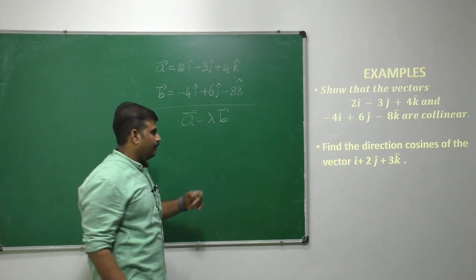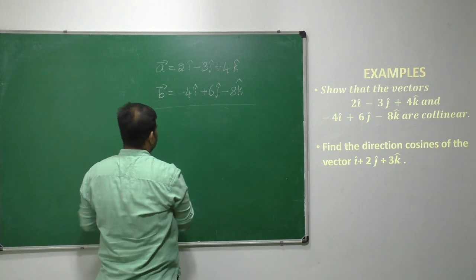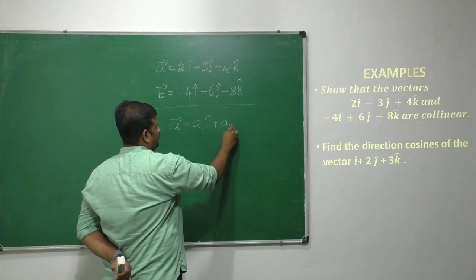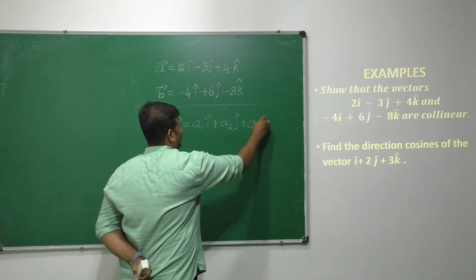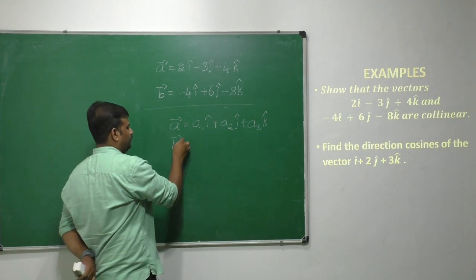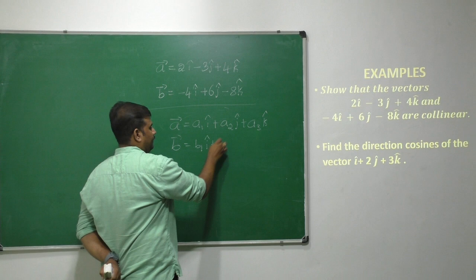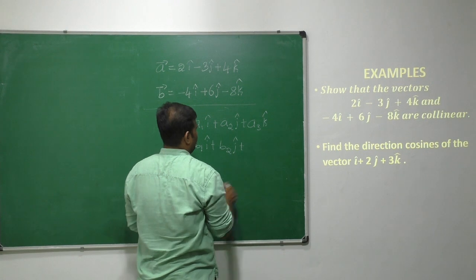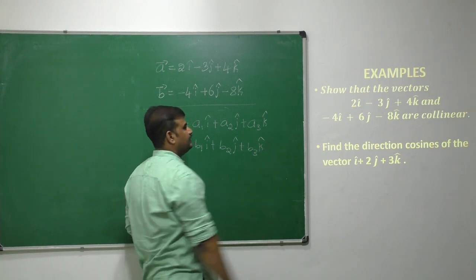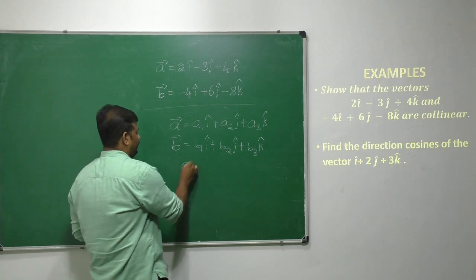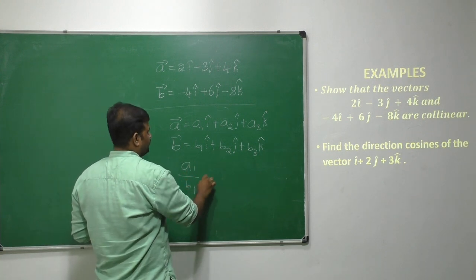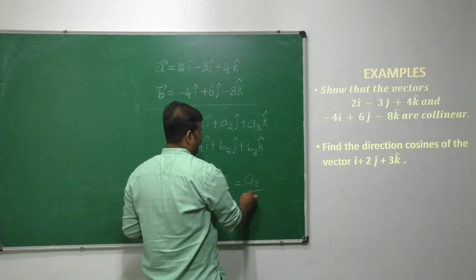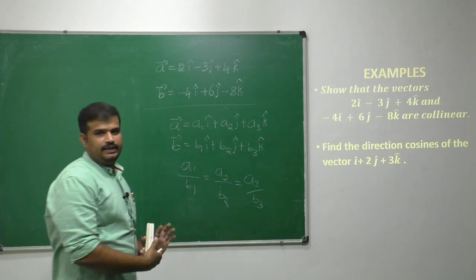That is, suppose vector A is equal to A1 i cap plus A2 j cap plus A3 k cap and vector B is equal to B1 i cap plus B2 j cap plus B3 k cap. These two are collinear only when A1 by B1 is equal to A2 by B2 is equal to A3 by B3. Then only they are collinear.